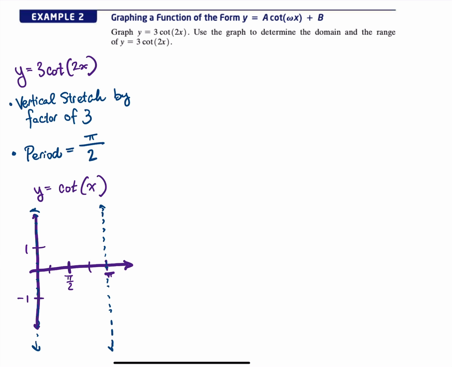So here at pi over 4, cotangent is positive 1. At 3 pi over 4, the cotangent is negative 1. And then at pi over 2, the cotangent is 0. So we get the flipped cubic style curve bound between these asymptotes, which are a distance of pi apart for the cotangent.